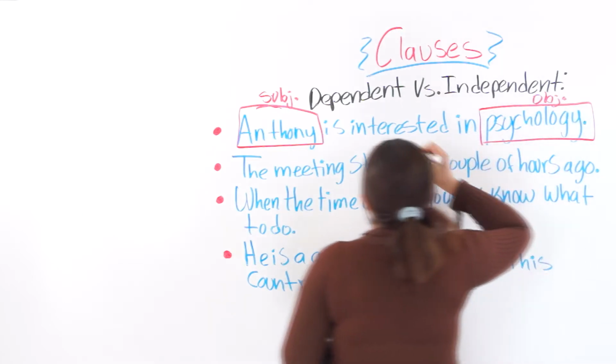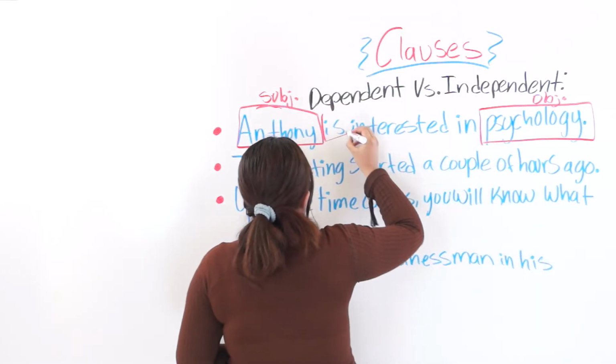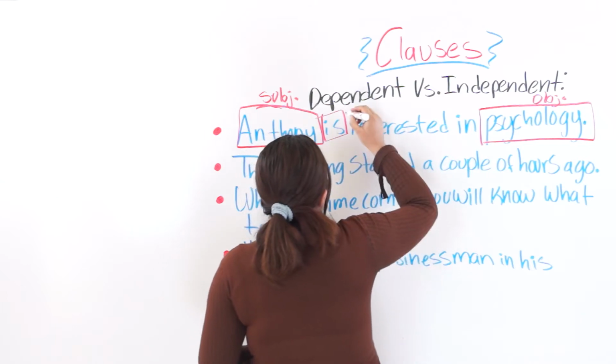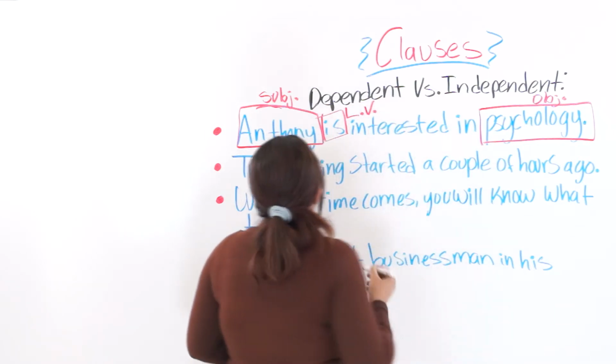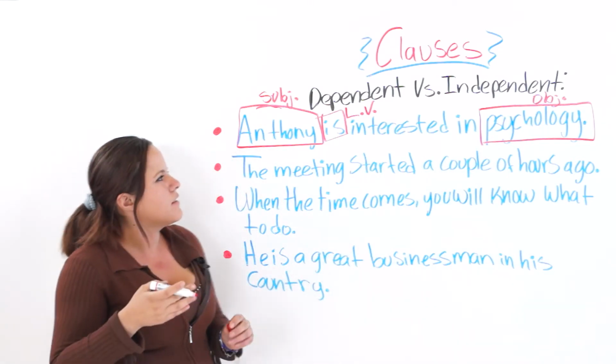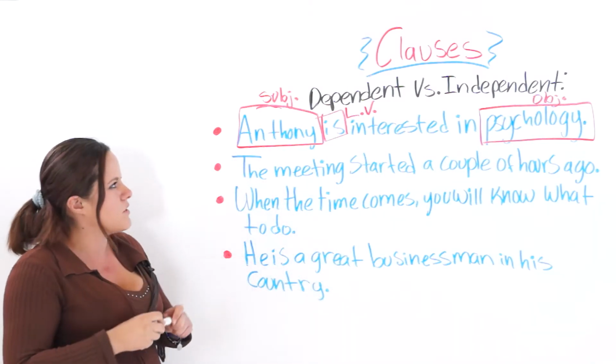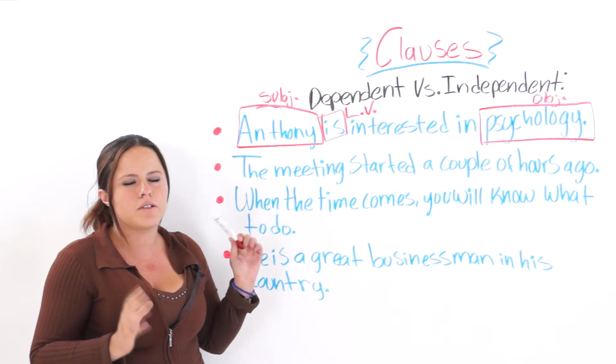Interested in psychology, is, we have the linking verb. I'm just going to put an L and a V, linking verb. Anthony is interested in psychology. So this cannot be a phrase whatsoever.